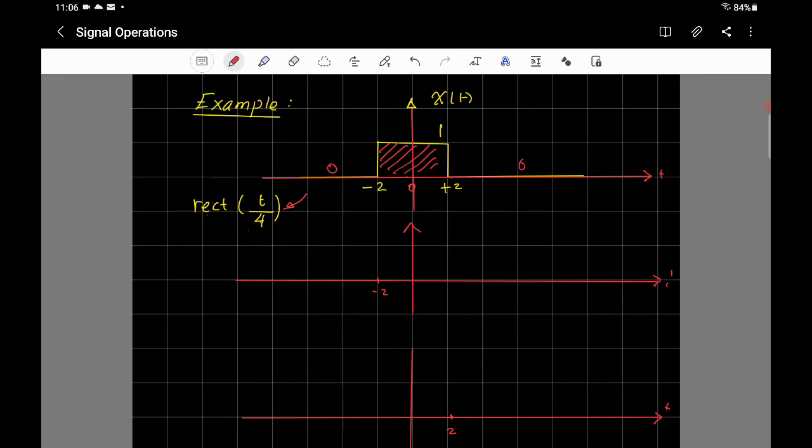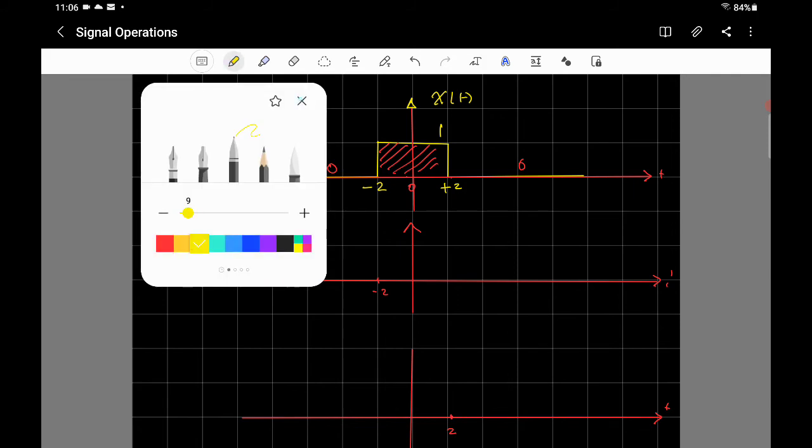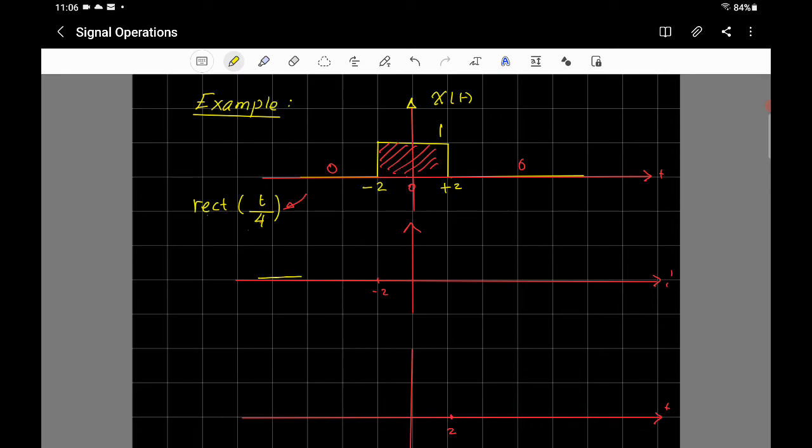How to express this rectangular pulse as a function of 2 unit steps? Very simple. First, you can say you have a step function starting from negative 2 and continuing. So that's u of t plus 2. It's a step, but shifted to the left by 2 units, so it starts from negative 2.